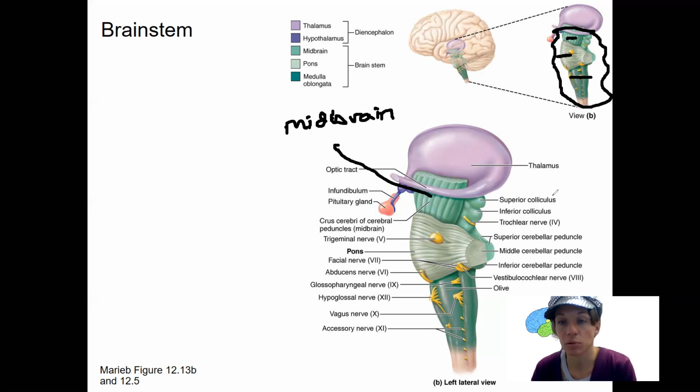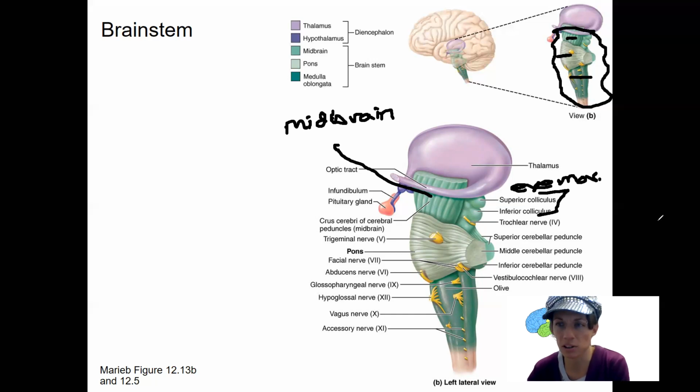The midbrain relates to eye movements. The superior and inferior colliculus primarily are going to be controlling eye movements. The trochlear nerve is related to that. It carries motor fibers away from there. Also body movements as well.